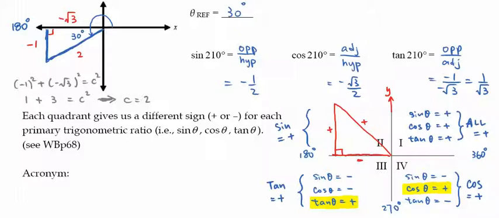So anything that involves adjacent in this quadrant will give us a negative ratio. So here, to make it consistent, I have sine theta equals positive, cosine and tangent will give us negative.